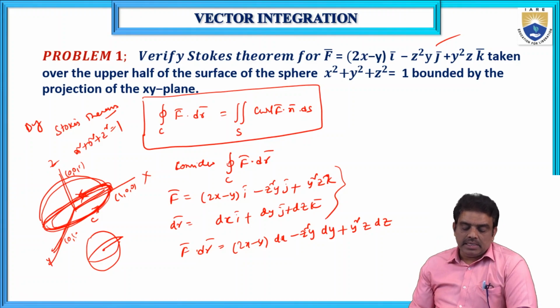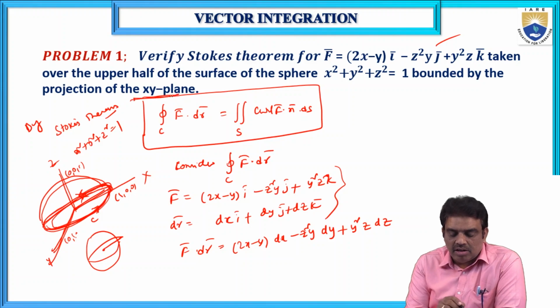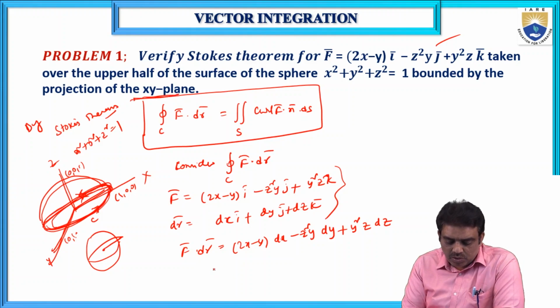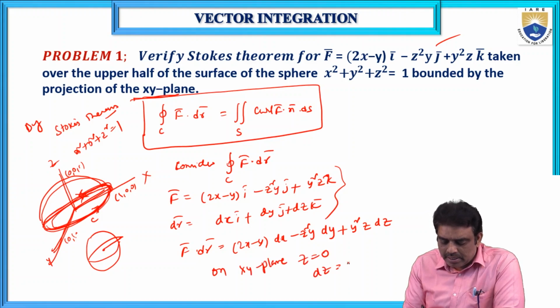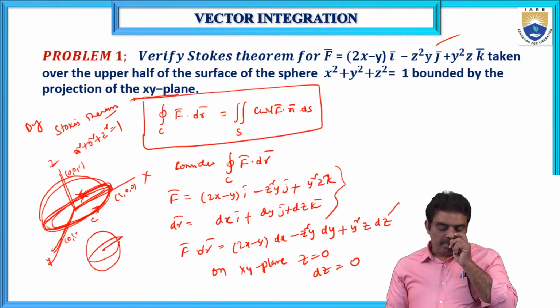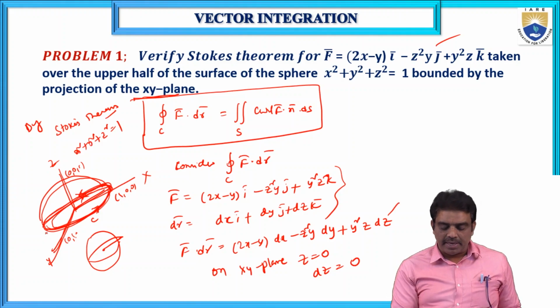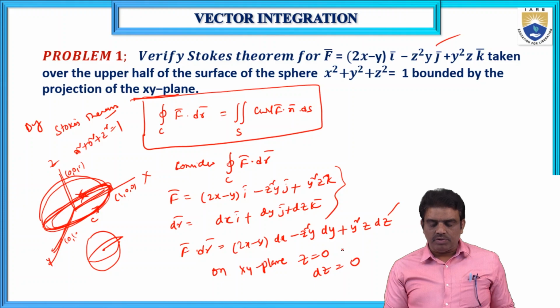But because the surface is defined in the xy plane, the projection is considered on the xy plane. On the xy plane, z is equal to 0, so dz is also equal to 0. So z is 0 and dz is 0. Then in f bar dot dr bar, the second term is completely 0 and the third term is also 0.